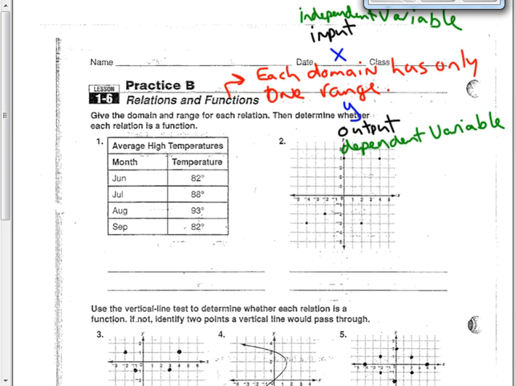And so then the question is, well, which one is the independent variable and which one's the dependent variable? And so I look at months and temperatures. So the question then becomes, is the month dependent on the temperature? So if I say the month is June, so it has to be 82 degrees. Or do I say that it's 82 degrees, so it has to be June? Okay. And kind of logically around that, if I say a temperature, then that temperature doesn't necessarily mean what month it's in.